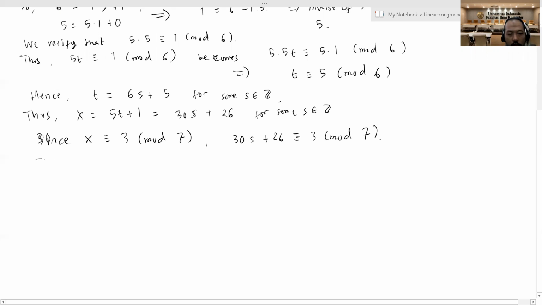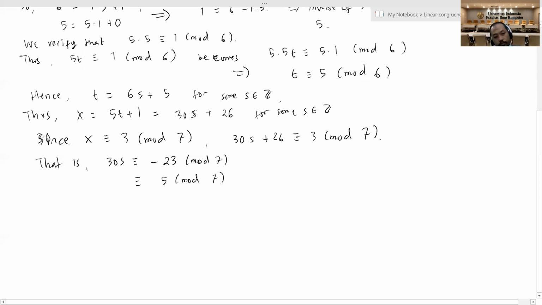That is, 30s is congruent to minus 23 modulo 7, and this is congruent to 5 modulo 7.